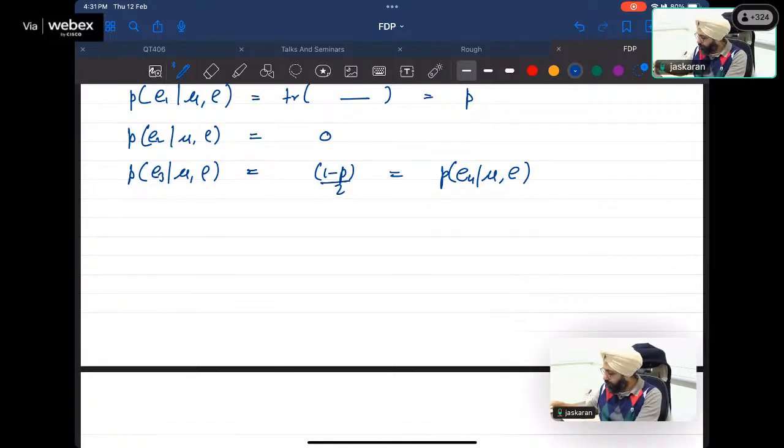So the idea is that these POVMs are quite unique in the sense that we don't require any orthogonal basis to implement them. Moreover, they are closer to real life applications. The measurements that you will be making in the experiments are closer to being positive operator value measures.